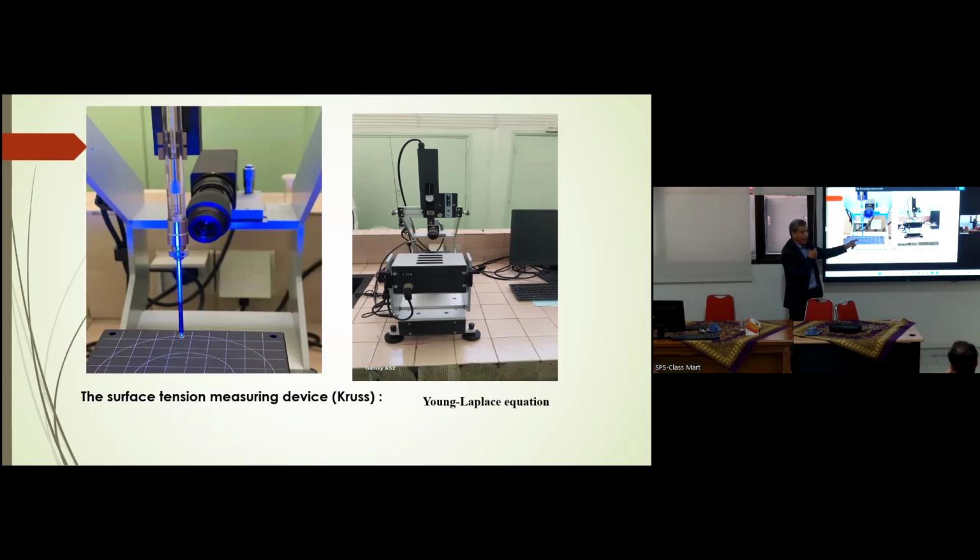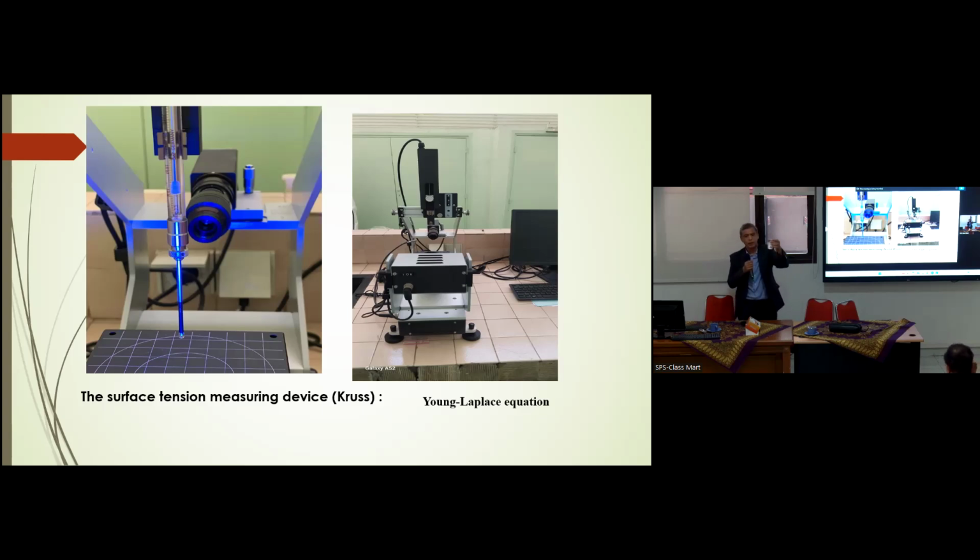The technique is the hanging drop. We have a camera, and with the shape of the drop I can measure the surface tension of the liquid. For distilled water, the surface tension is 72 millinewton per meter. If I add a little surfactant, this 72 becomes maybe 40. That indicates the presence of surfactant.